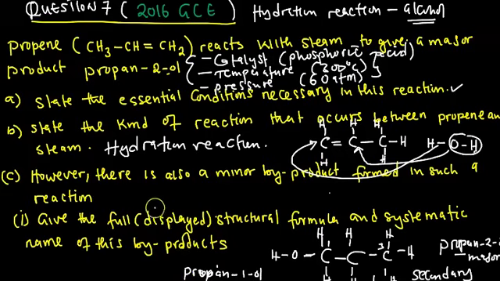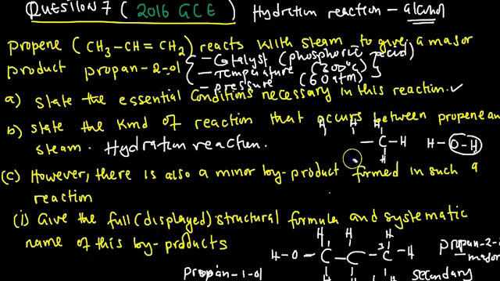Okay, so when they tell you that, however, there is a minor product formed in such a reaction, give the full displayed structure formula and systematic name of the byproduct. So what we are told is the byproduct, the minor byproduct.